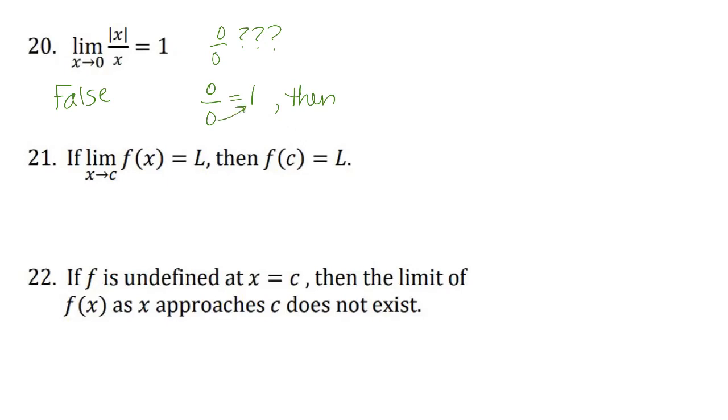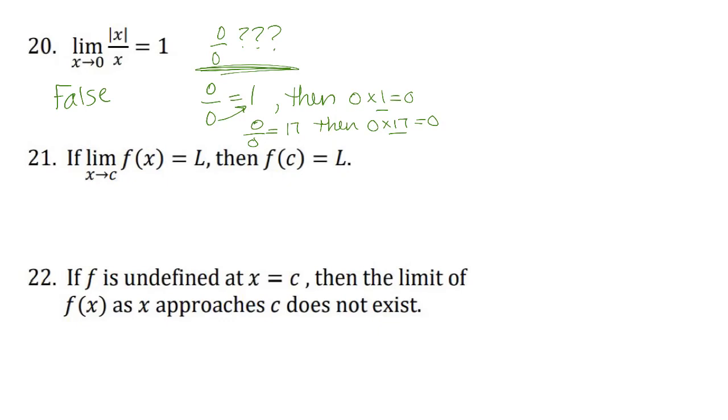Then 0 times 1 is 0. But what if I said 0 over 0 was 17? Well, by the same rationale, 0 times 17 is 0. Well, yeah, that's true. But which one is it equal to, 1 or 17? They're definitely not the same amount. So that's why we say we don't know what it is. This one does not exist. It's going to be false.